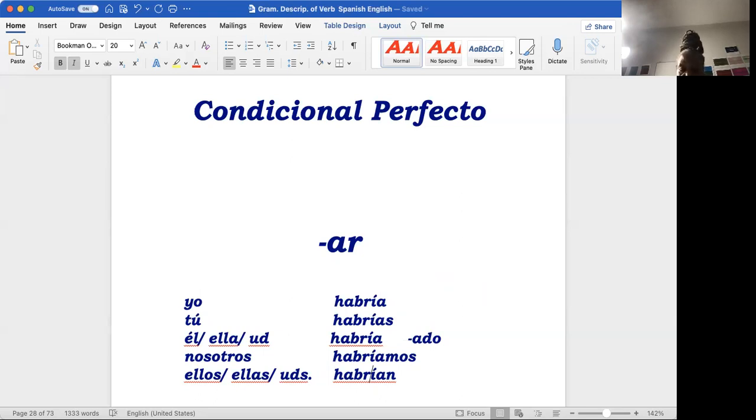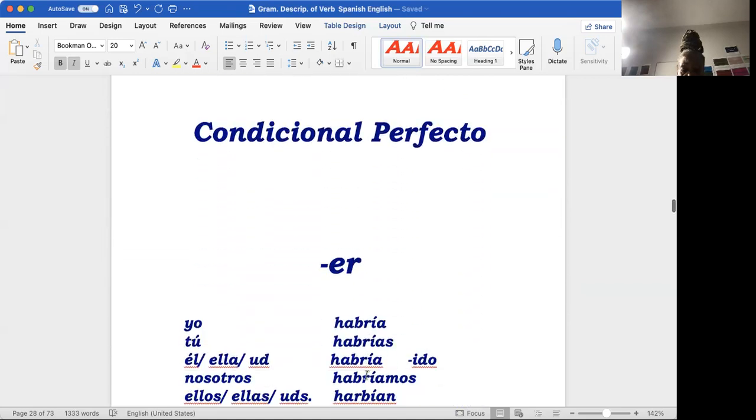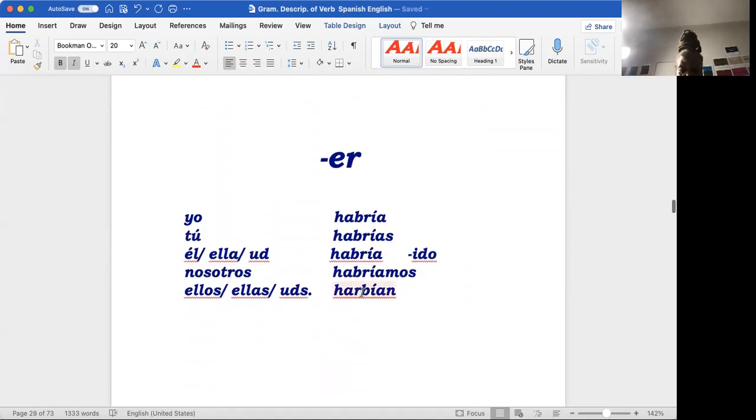Okay, so we're talking about the conditional perfect of the AR verb. Let me see if I had the same mistake here. Yep. My mind, it must have been in another word.